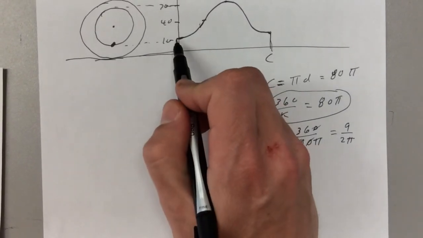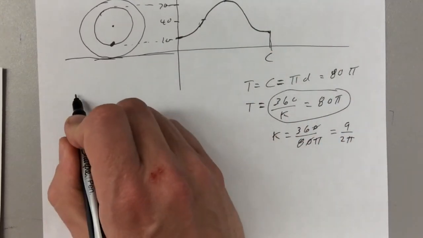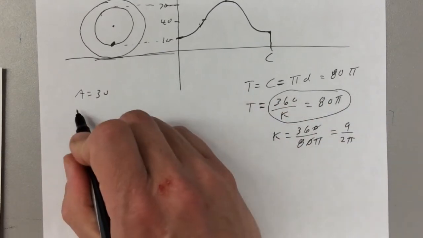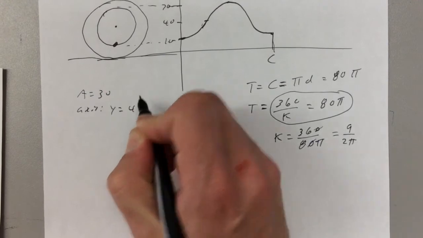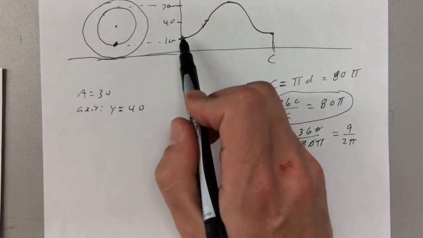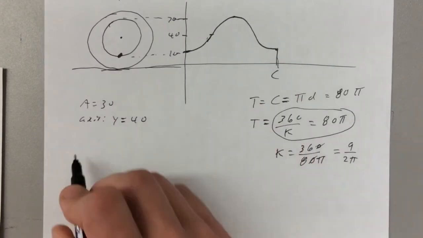The amplitude is from 10 to 40, or 40 to 70, which is 30. So the amplitude is 30. The axis is y equals 40. So that gives us the c value for our function. And because it starts at the bottom, we're going to look at a negative cos.